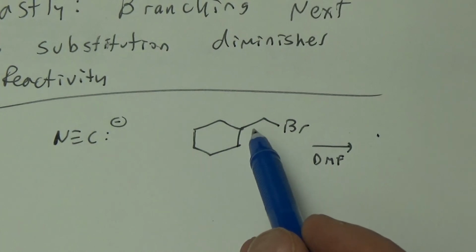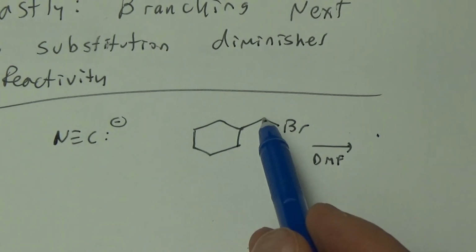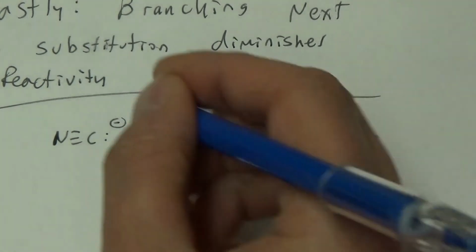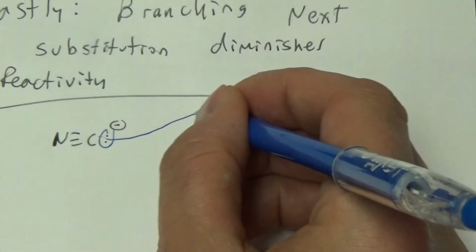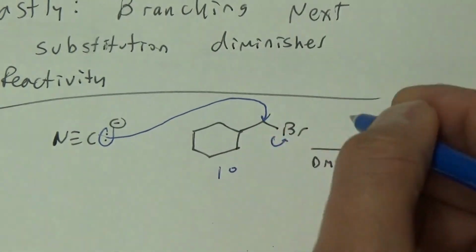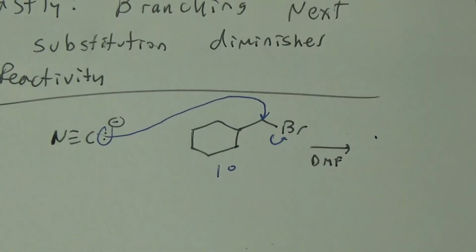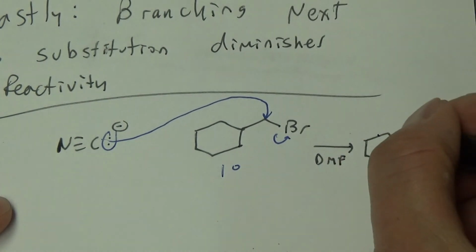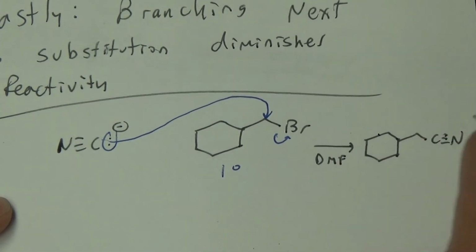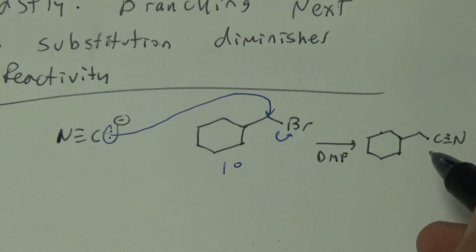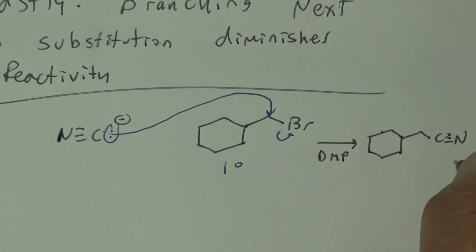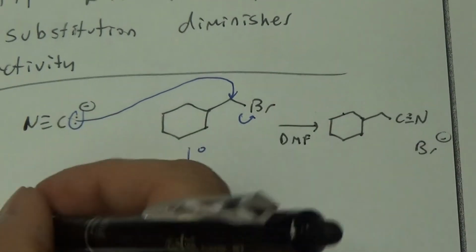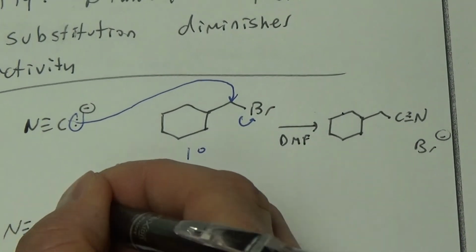That looks very primary, right? The carbon with the leaving group is connected to one carbon, so that's primary. And yeah, no problems with this reaction. Attack, kick off. Now you get the nitrile, get some Br minus. Yeah, nice fast reaction.